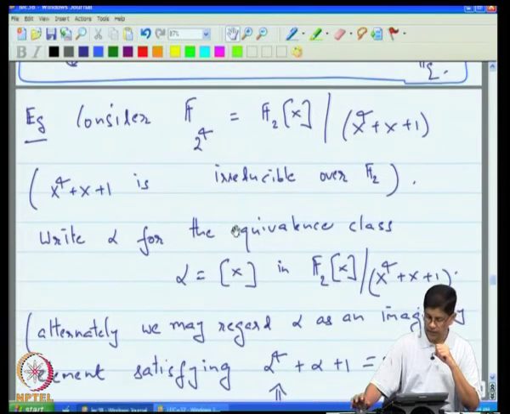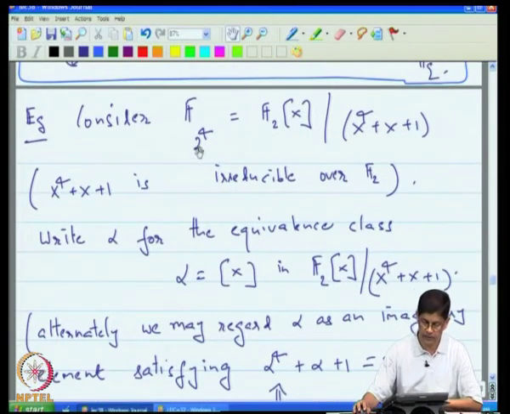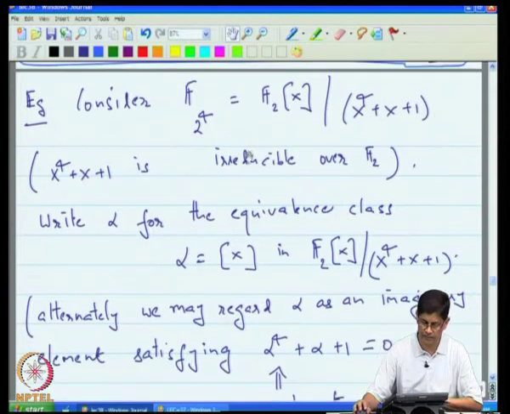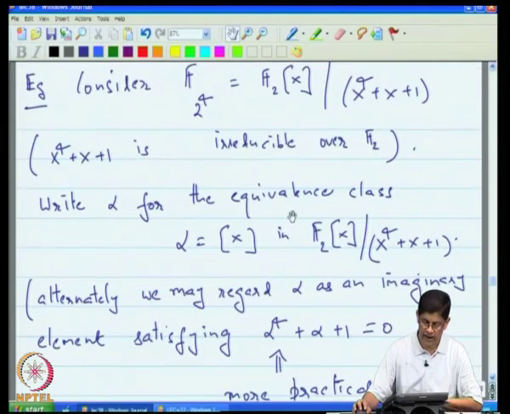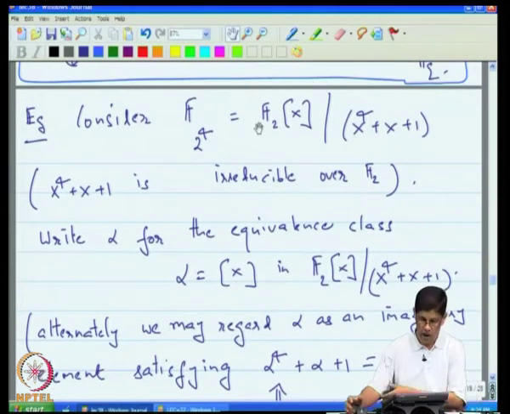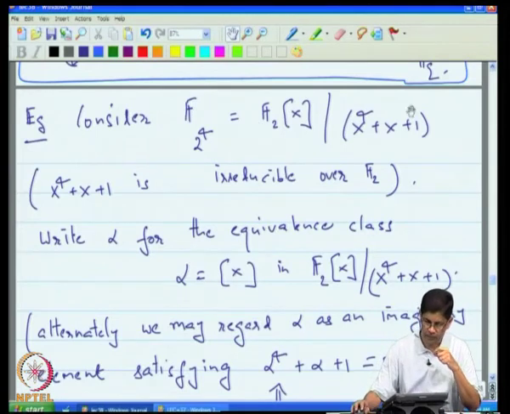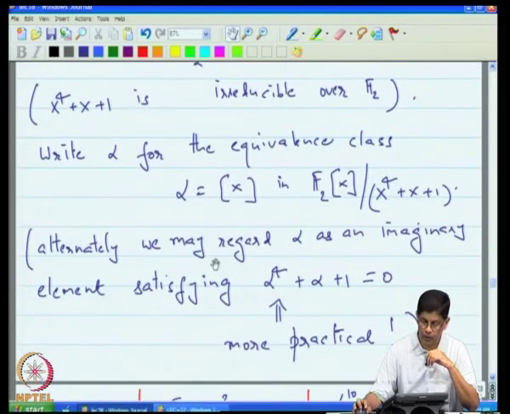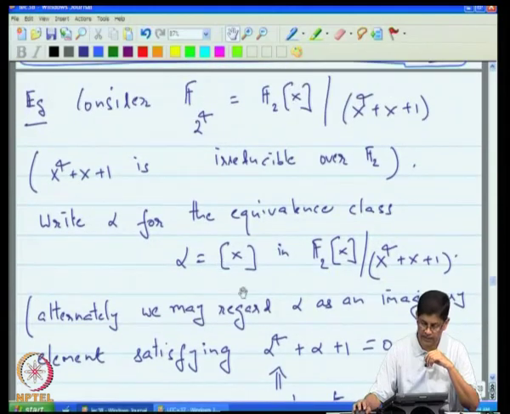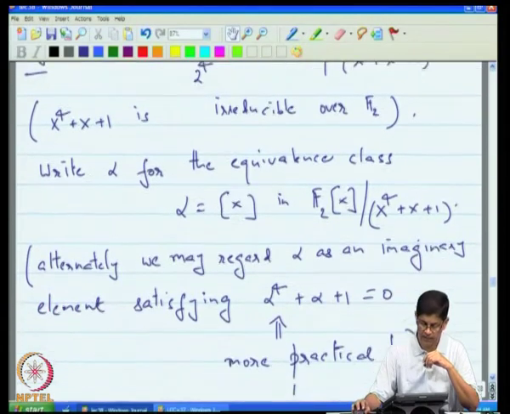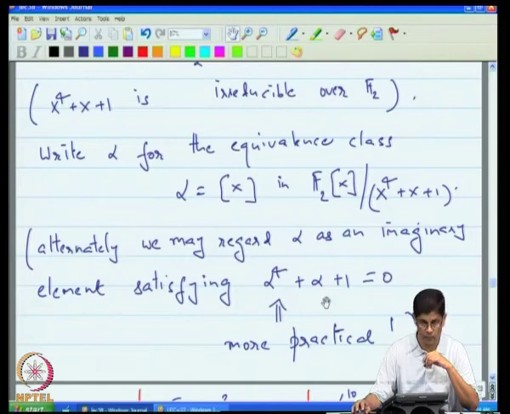Now, let us look at an example. Supposing this was the example that we looked at last time. P was 2, the irreducible polynomial is x^4 plus x plus 1, and we can either regard this as a collection of equivalence classes and use alpha to denote the equivalence class of x, or alternately regard alpha as an imaginary element that satisfies alpha^4 plus alpha plus 1 equal to 0.